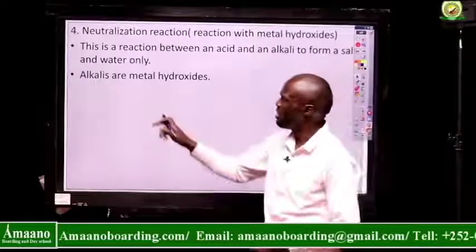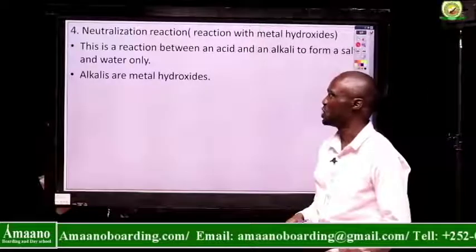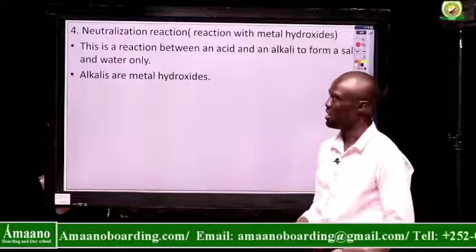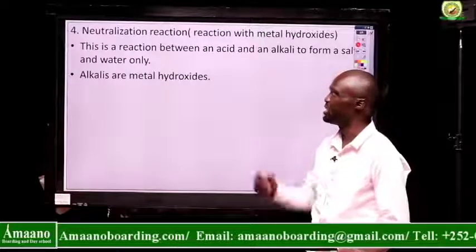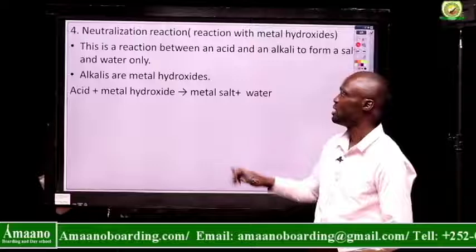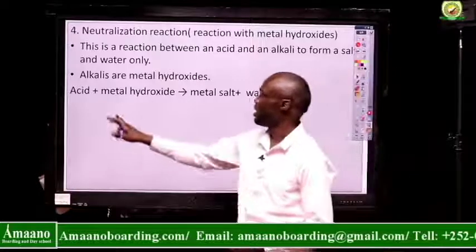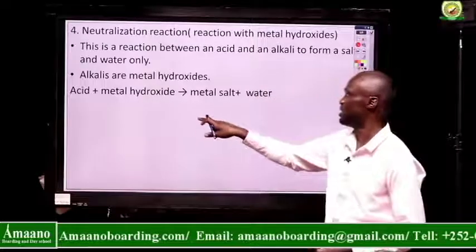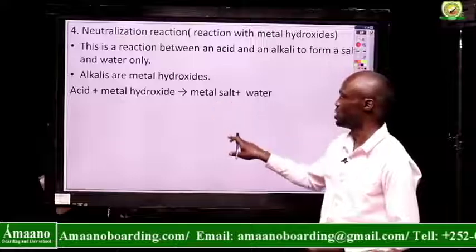When we talk about alkalis, they are metal hydroxides and they are always soluble, but they are also bases. For example, we have our acid reacting with a metal hydroxide, giving us a metal salt and water.